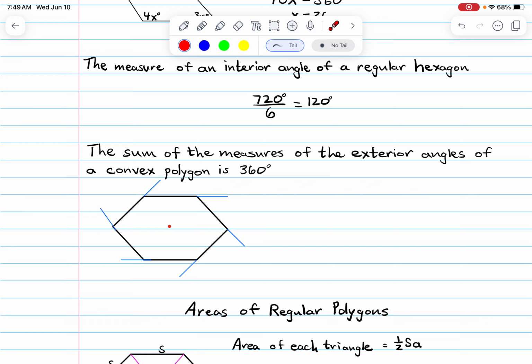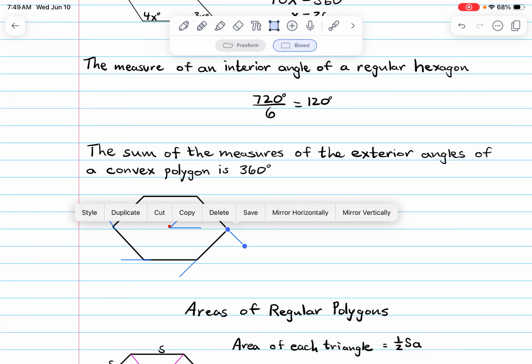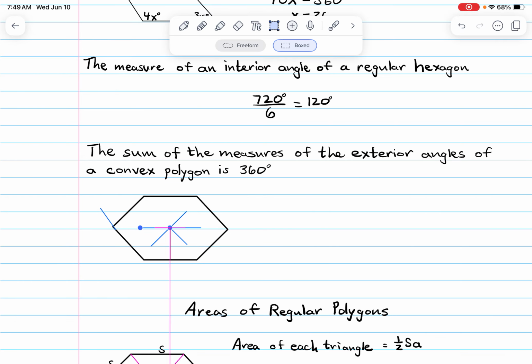So if we add up all those angles, now you might say, how do you know that? Well, look at this. Let's take this angle right here, and I'm going to move this down here. Now let me take this one, move it down here. Take this one, move it over here. Take this one. Now you see what's happening.